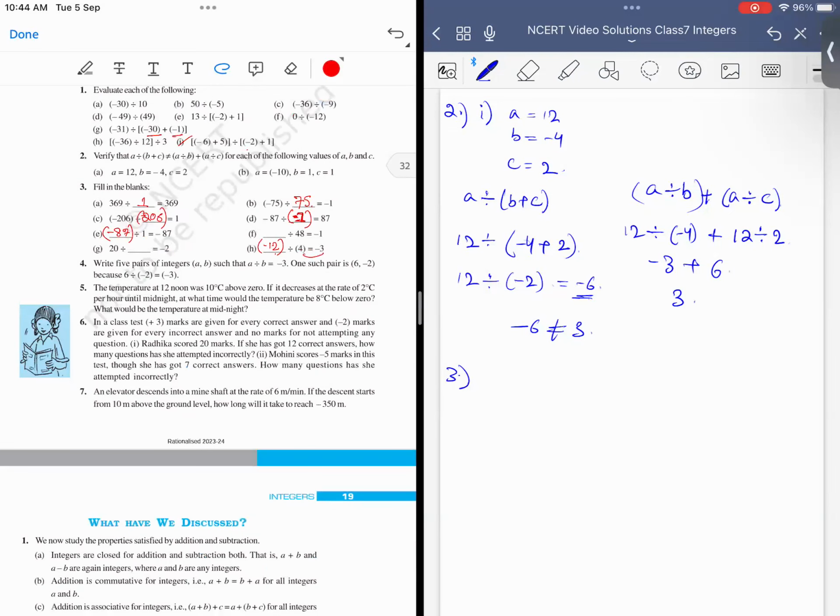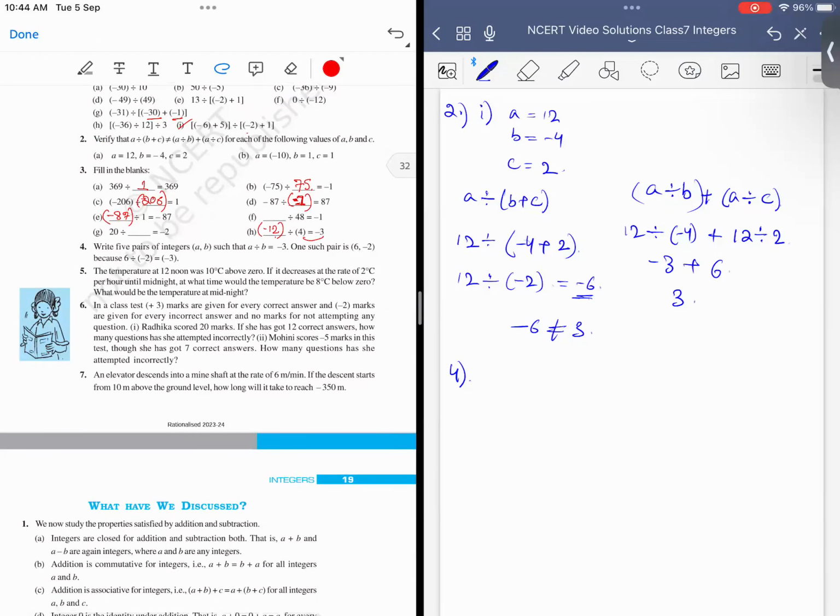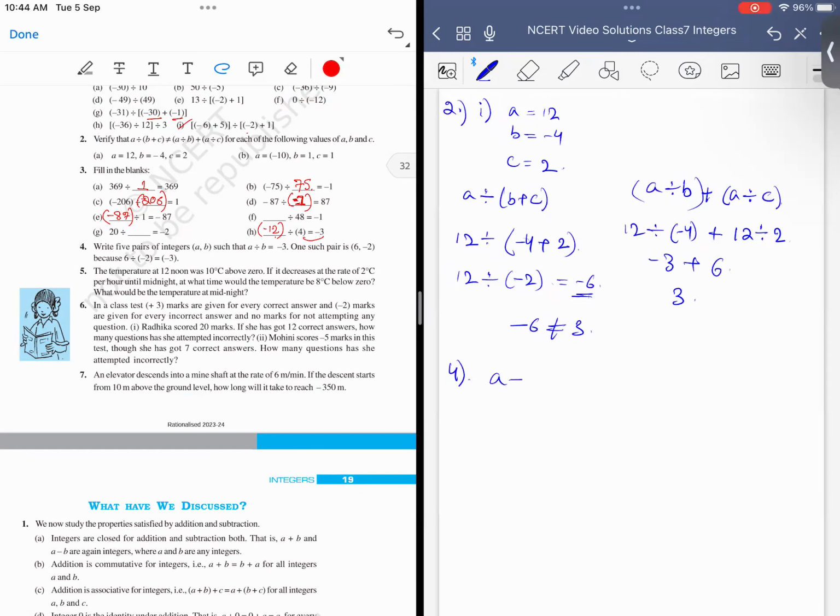Next, question number 4. Write 5 pairs of integers a, b such that a divided by b is minus 3. 5 pairs. So we need to write a pair a comma b such that a divided by b gives what?